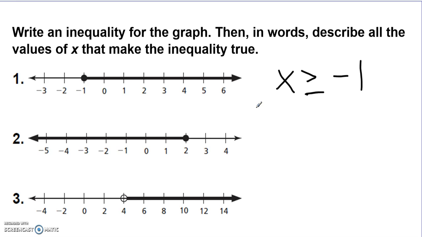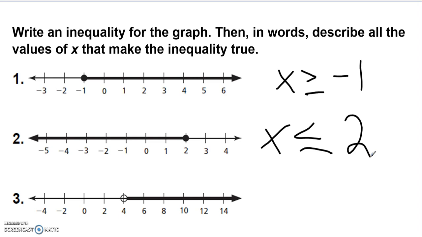Okay? And then for the next one, we have x is less than or equal to, because the dot is filled in, 2. So you would say x can be any number less than or equal to 2.